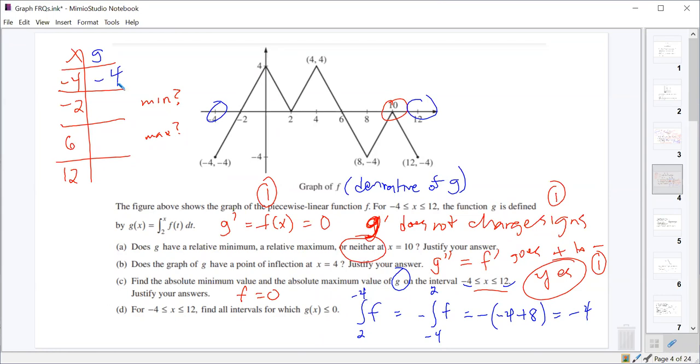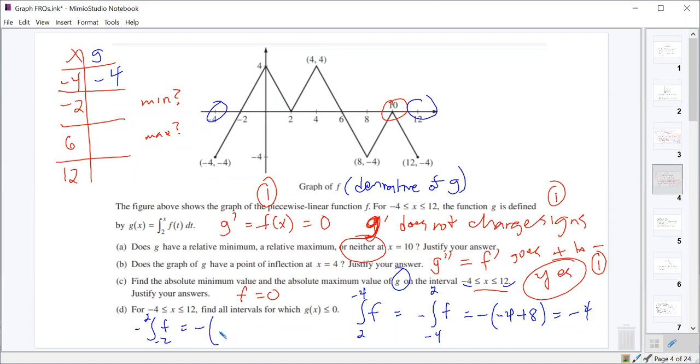Good or no? Everybody good with -4? Yeah. All right. Then we'll do from 2 to -2, or the opposite of -2 to 2. And for that one, we are just looking for the opposite of this integral.